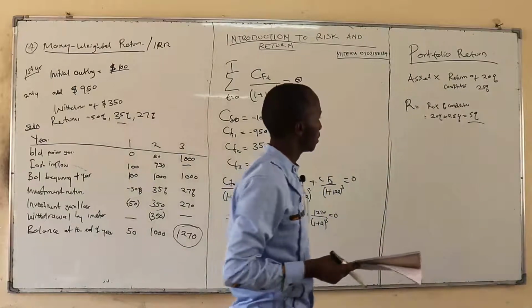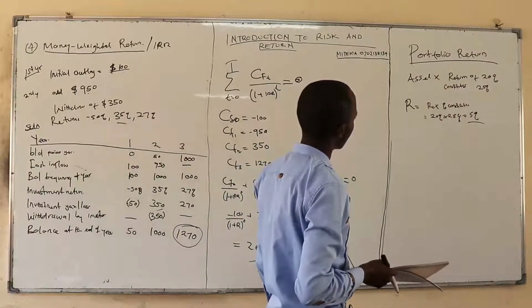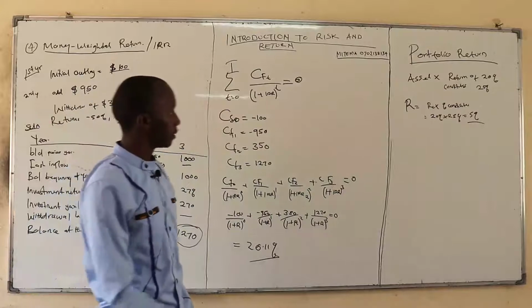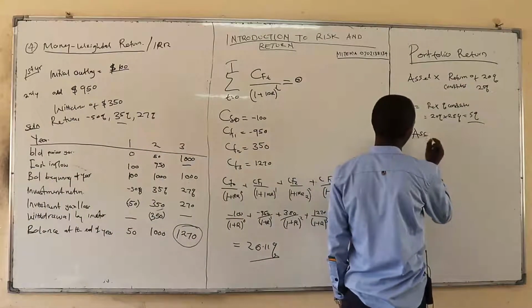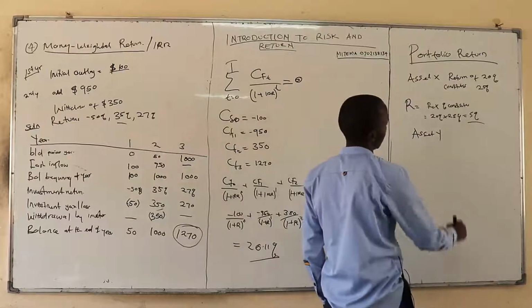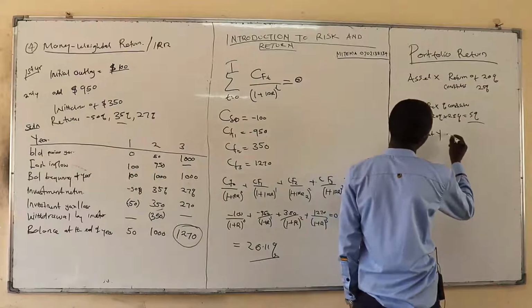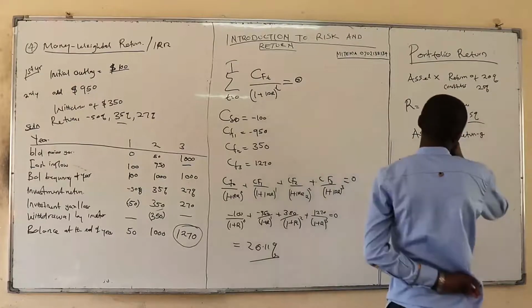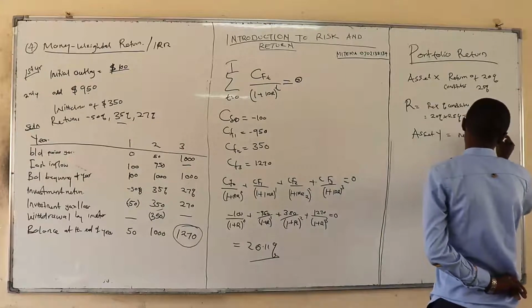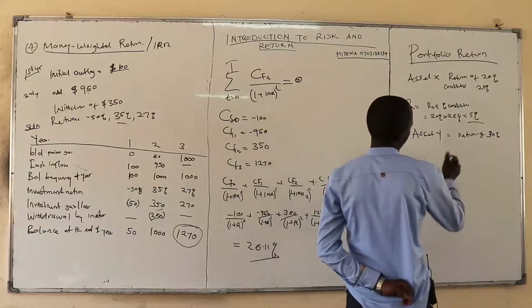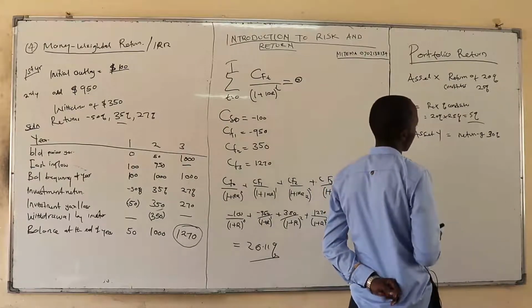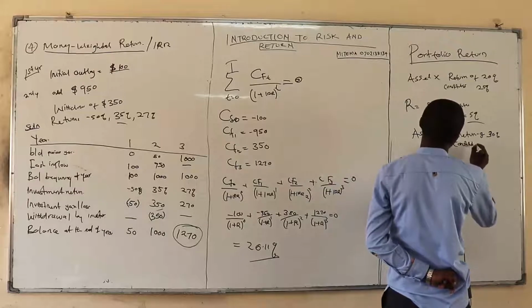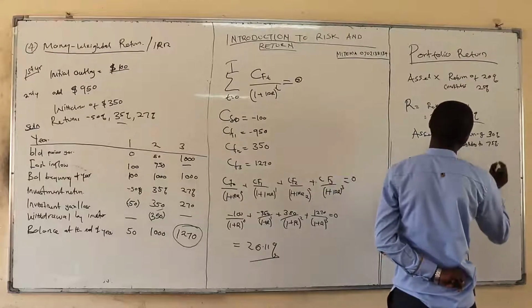Now, what if in this portfolio we had another asset, say asset Y, with a return of, let's say, 30%, and it constitutes 75% of the portfolio?